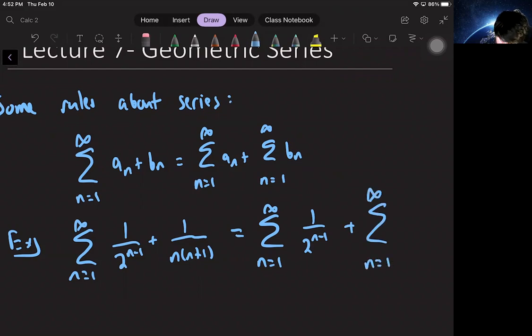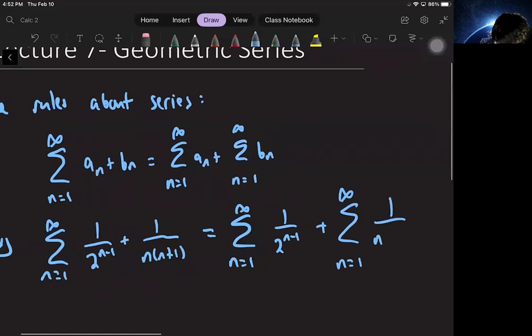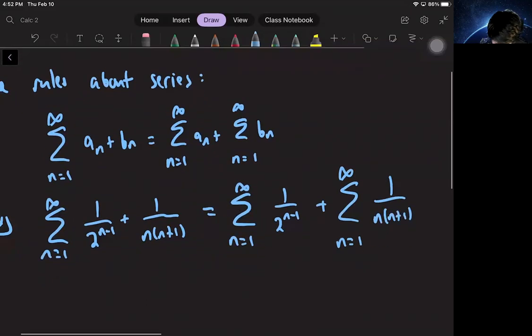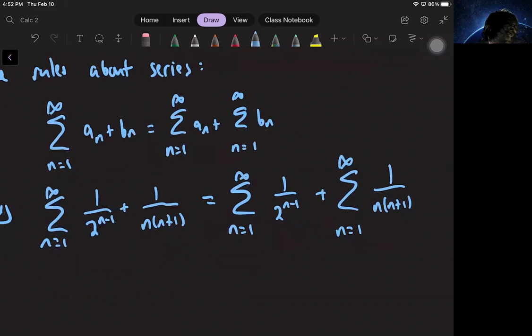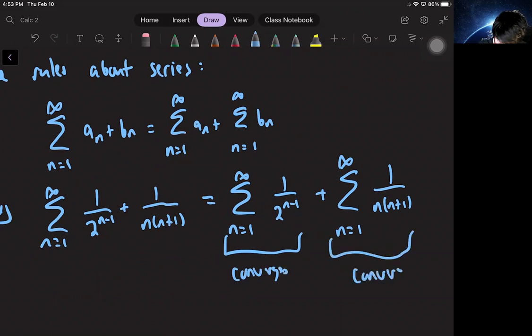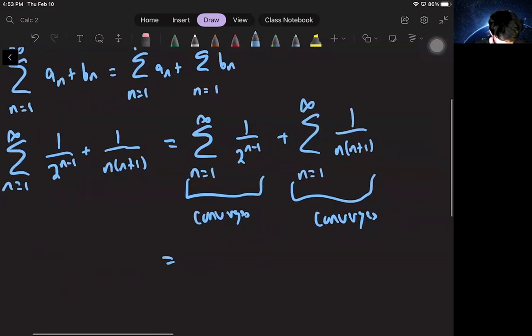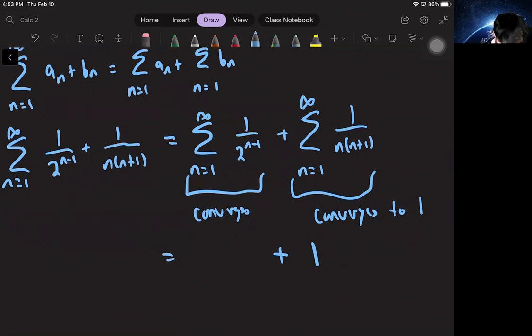The point is, though, that you can split it up because we know that each one independently converges. So this converges, this converges. The second one, I believe we did in the last video, and it was convergent to 1. So that's just 1. And the other one, maybe we did in the last video, or maybe one before that, but it ends up being 2.